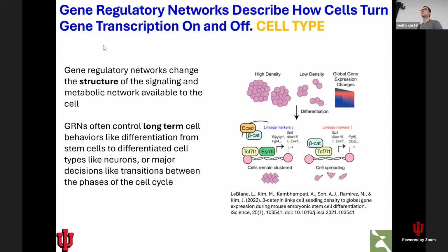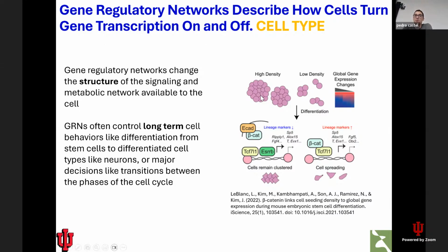It's something that persists more than a quick perturbation. So for example, a neuron is also a human cell, such as a muscle cell, but they are different types because some genes are active and other genes are not active, and it makes the cell be a certain way.